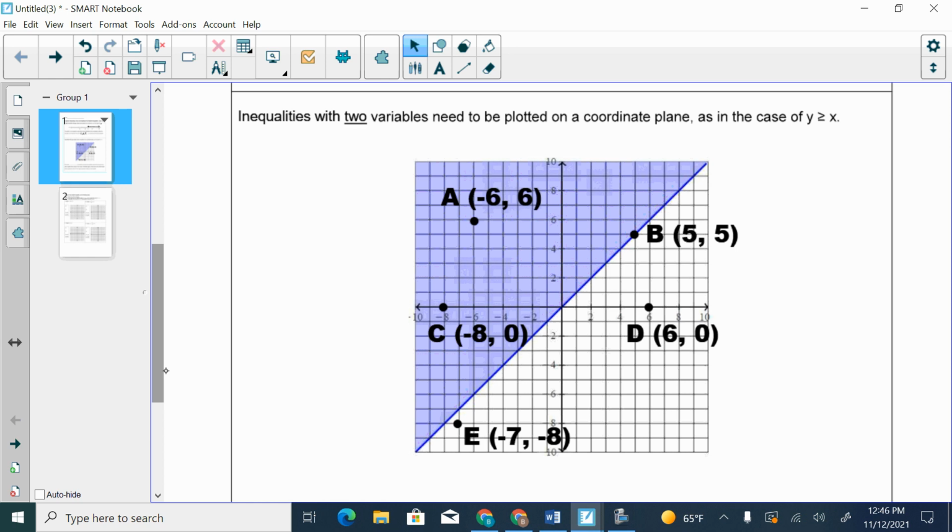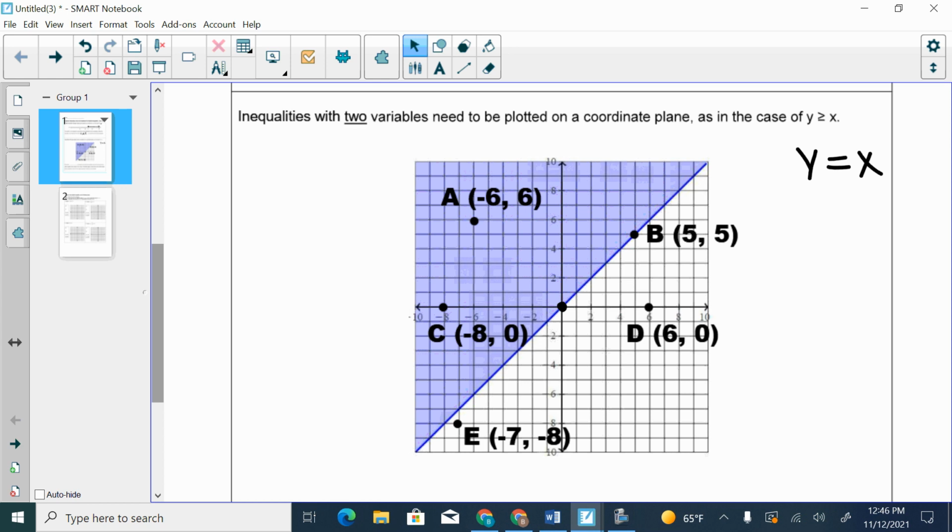It says that they plotted the equation of the line y is greater than or equal to x. So first they pretended this was just the equation y equals x, right? There was no plus b, so they started at 0, and their slope told them to go up 1 over 1, up 1 over 1, right? So that's how they came up with this line.